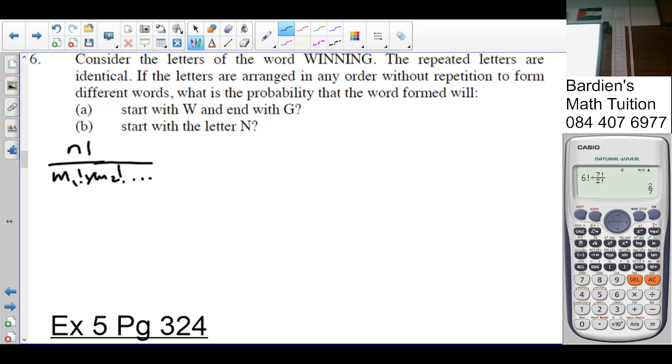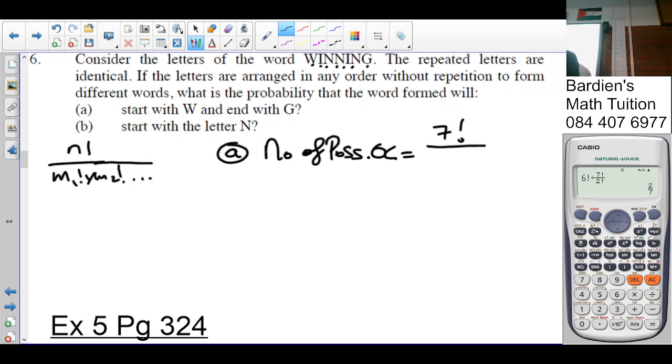If the letters are arranged in any way, without the letters being repeated to form different words, what's the probability that the word formed will start with a W and end with a G? So the number of possible outcomes would be what? I have 1, 2, 3, 4, 5, 6, 7 letters. So that would be 7 factorial over the repeated letters. The I is repeated. How many I's are there? 2.